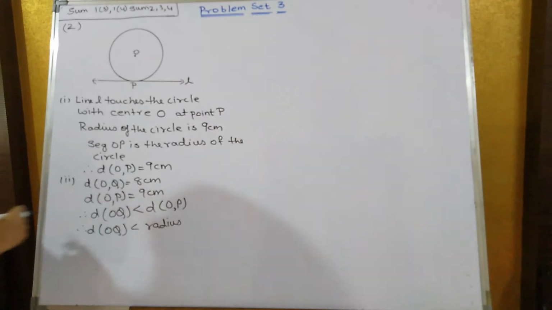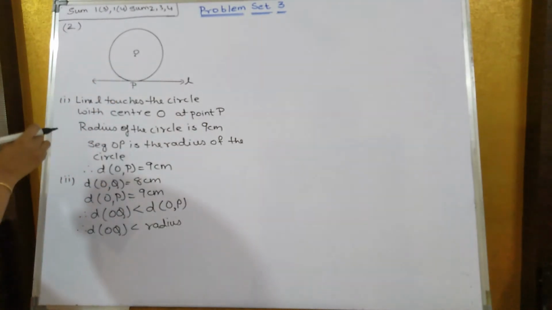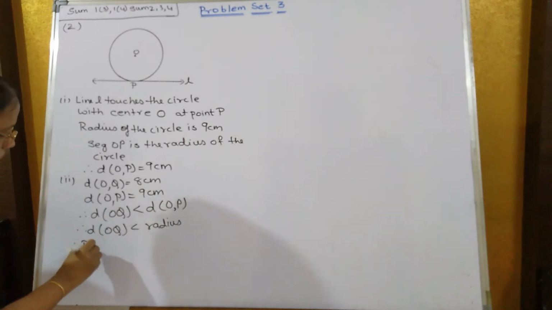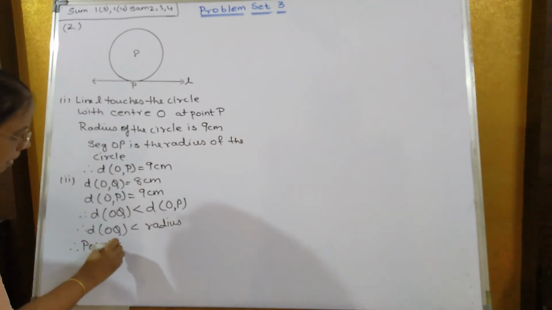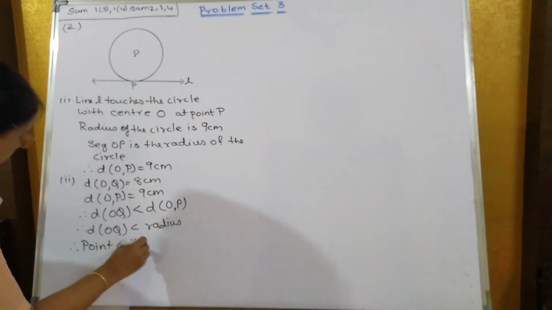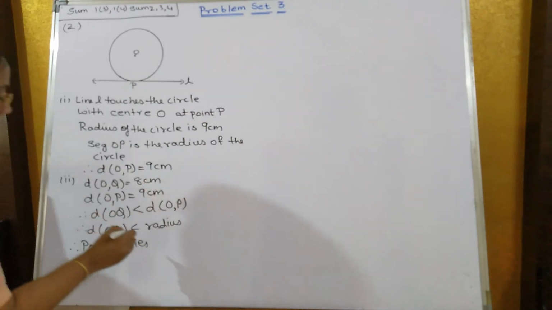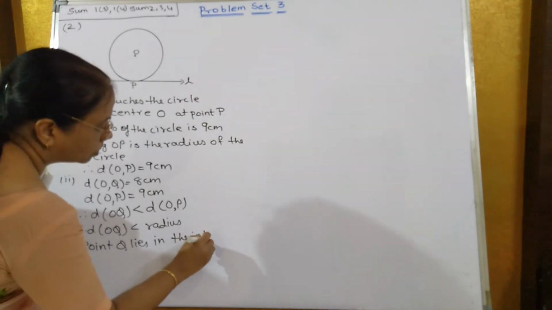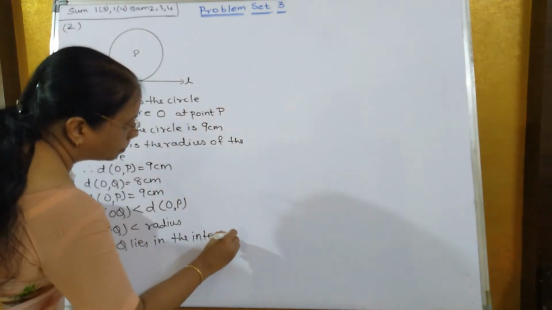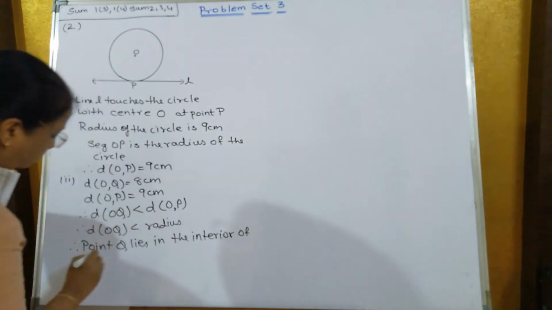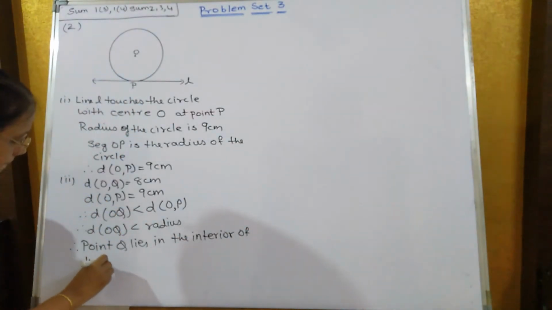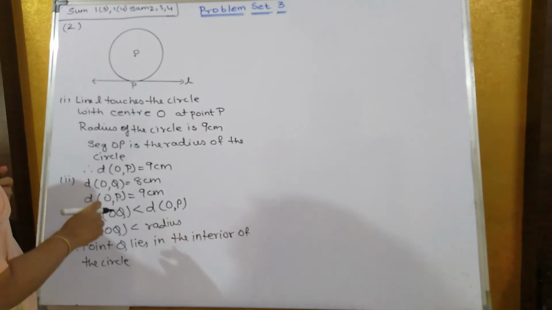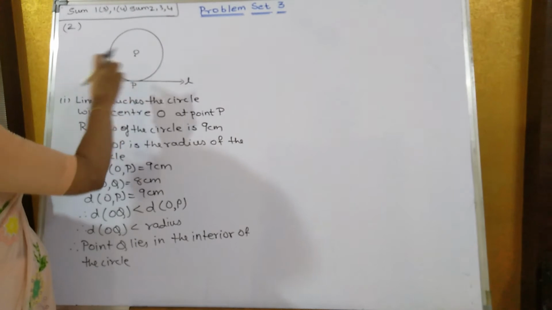The point Q will lie in the interior. Therefore point Q lies in the interior of the circle. Why? Because it is less than the radius of the circle, so point Q lies somewhere inside the circle.